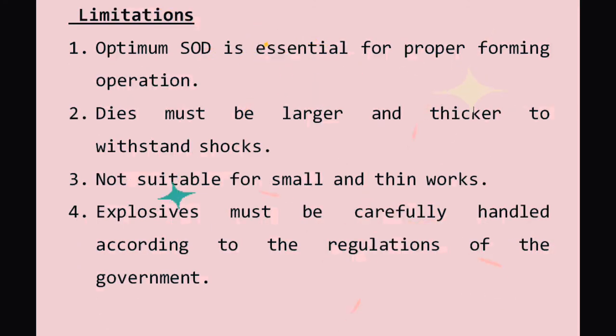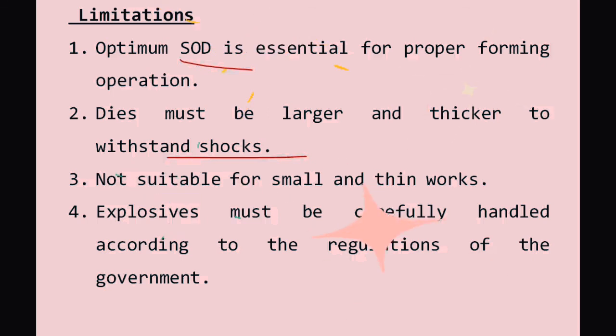What are the limitations of explosive forming? Stand-off distance is the main factor, so you have to choose the optimum stand-off distance. The die must be larger and thicker to withstand the shocks. Of course, you have to choose a good die material, otherwise you will lose the die and not get the expected shape.